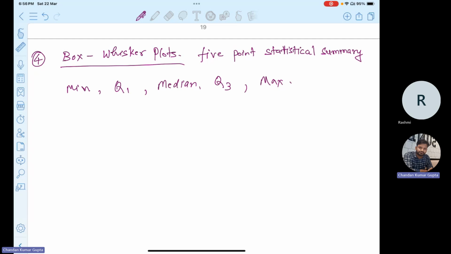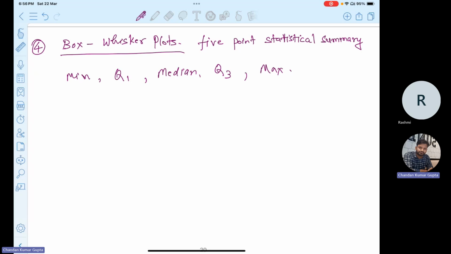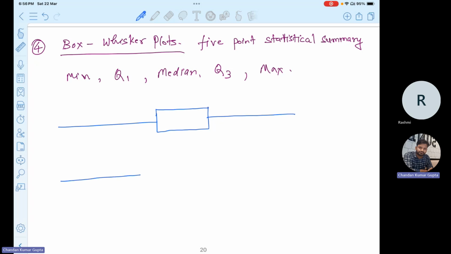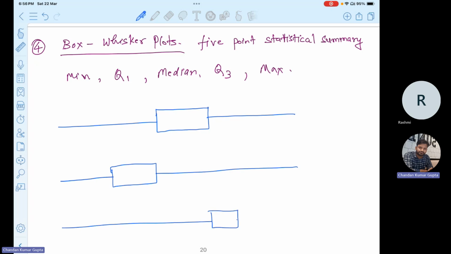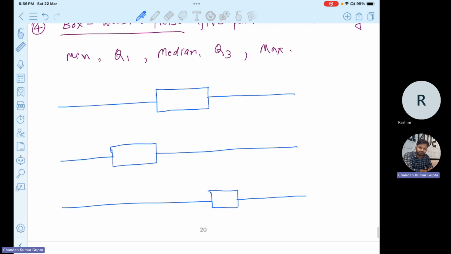Let me plot some graph. I'm just trying to create an image of how it is used to detect outliers and compare distributions.